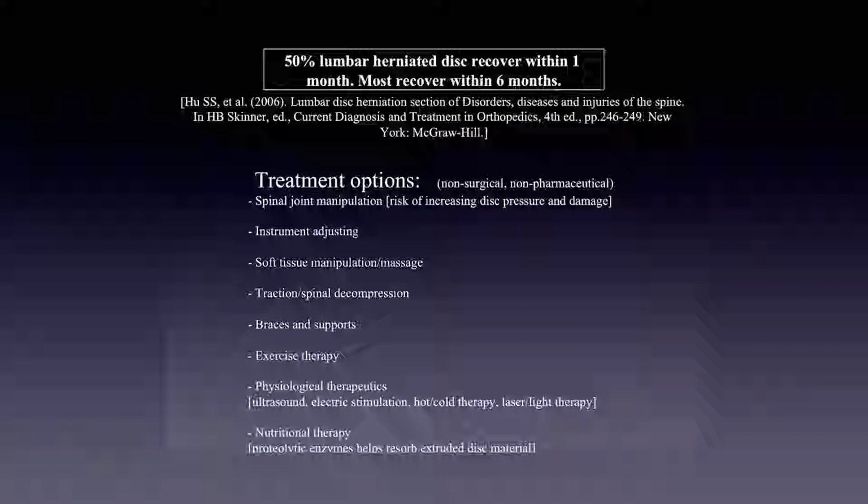Okay, so healing rates for the lumbar disc. 50% of the disc will recover in 1 month, says this study, and most will recover within 6 months. Now, this is done on lumbar disc. The disc herniations in the cervicals may be a little different. Obviously they have a little more mobility, probably a little different pressure forces than we get in the lumbar. But I would imagine that the healing times can't be too far off on that.